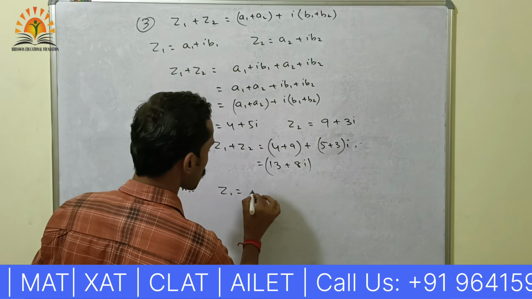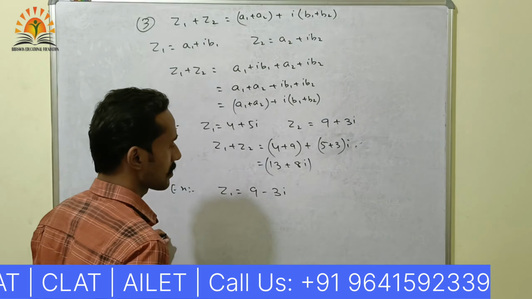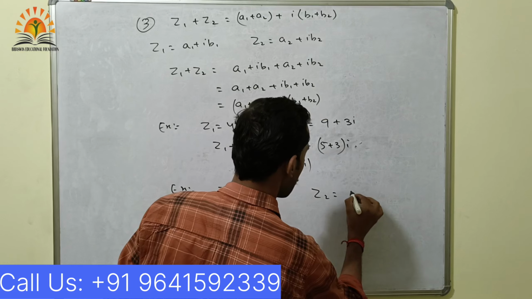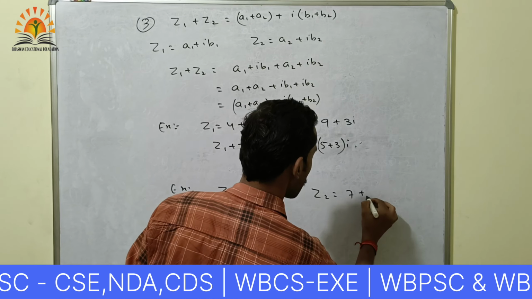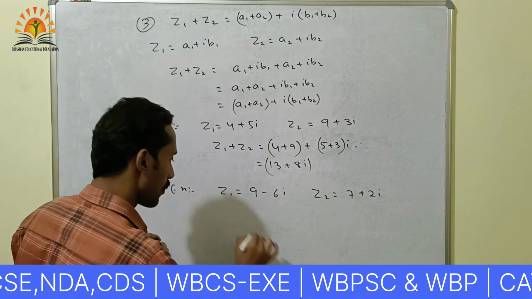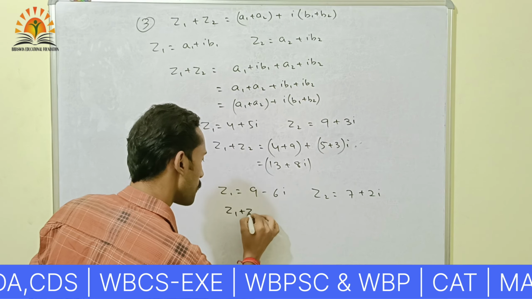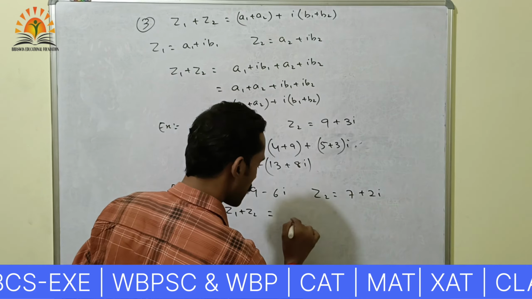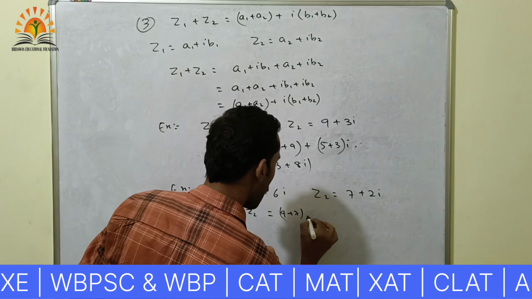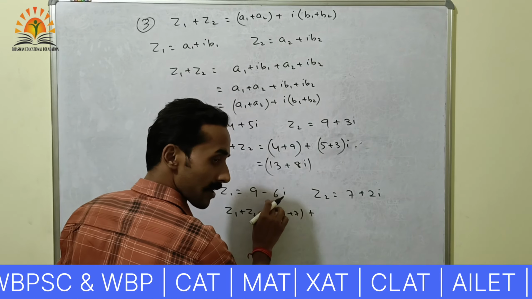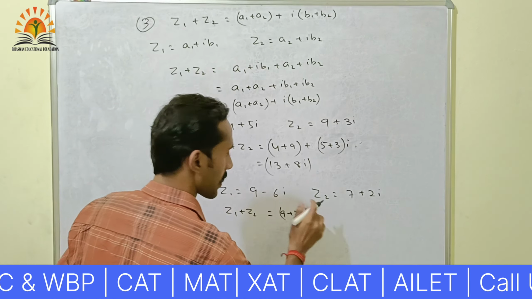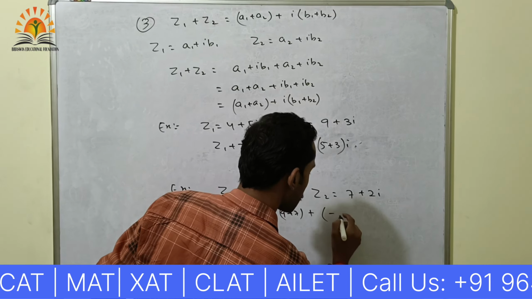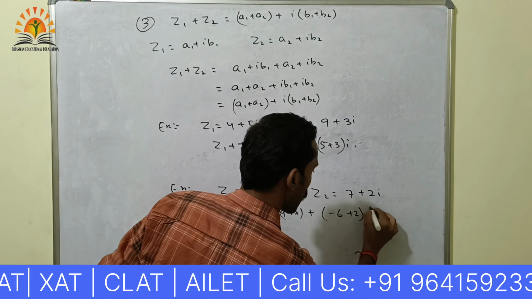Example, Z1 is equal to 9 minus 6 iota and Z2 is equal to 7 plus 2 iota. Now we have to add Z1 plus Z2. It is equal to 9 plus 7, real part to real part, and then minus 6 iota plus 2 iota.